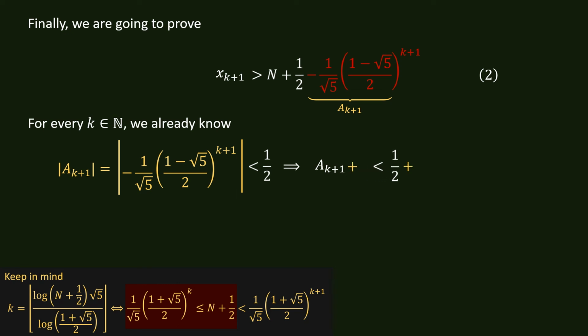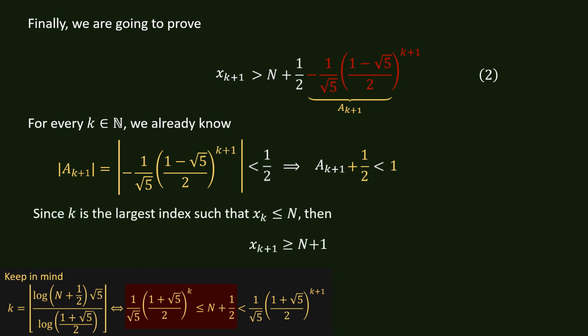Opening the absolute value bracket, we have ak plus 1 is less than half. Adding half to both sides, we have ak plus 1 plus half is less than 1. Since k is the largest index such that xk is less than or equal to n, which means xk is the largest Fibonacci number that is less than or equal to n, we should have xk plus 1 is greater than or equal to n plus 1.